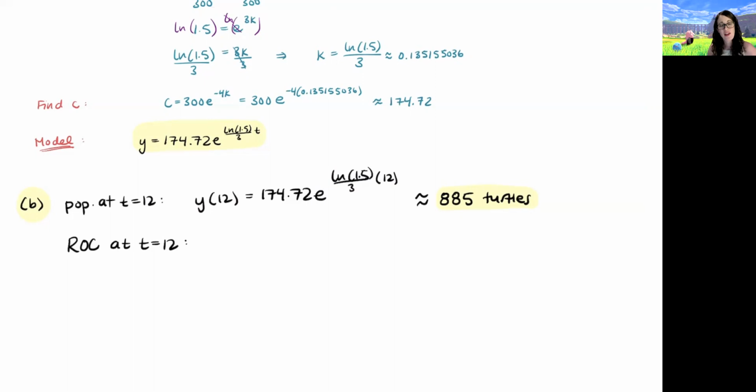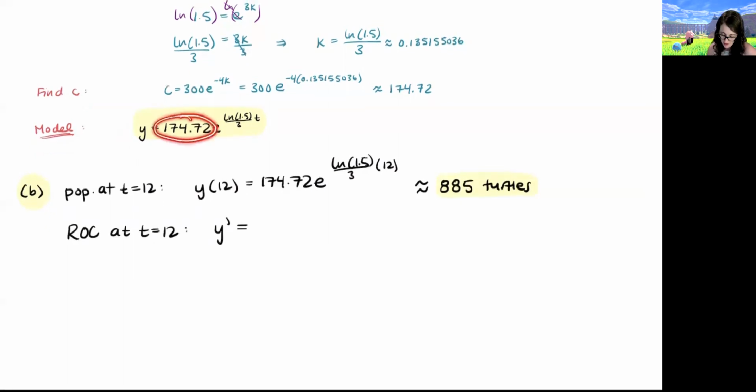You remember in calculus, huge idea, rate of change is the derivative. So we need to find y prime. Okay, so we're going to differentiate this function. It looks very complicated, but it is overall an exponential function. This number here is a constant multiple in the front, so that's just going to stay there. And in fact, when we differentiate e to anything, it stays there.